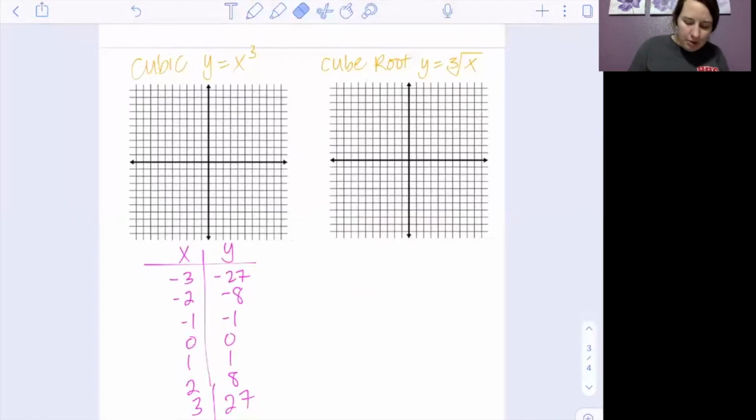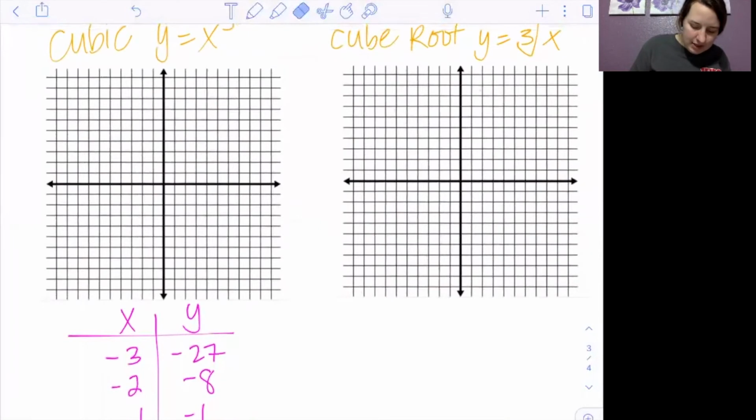Okay, so if I were to plot these points, obviously -3, -27 is way far off the graph. We're going to just start with -2, -8, -1, -1, 0, 0, 1, 1, and then we have 2, 8.